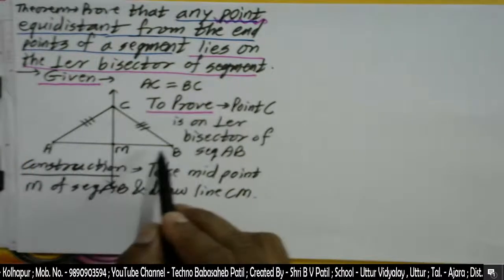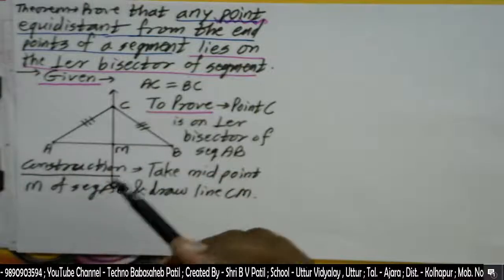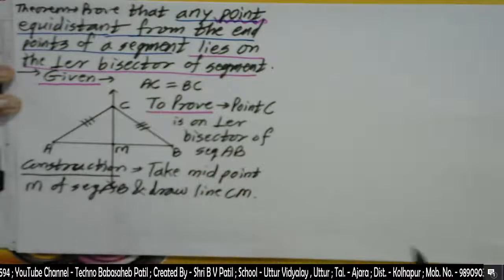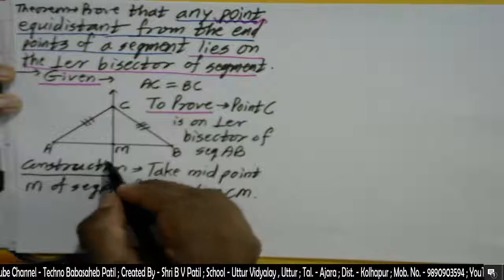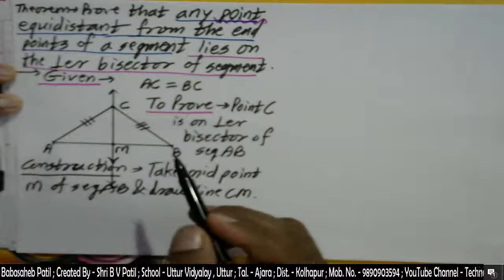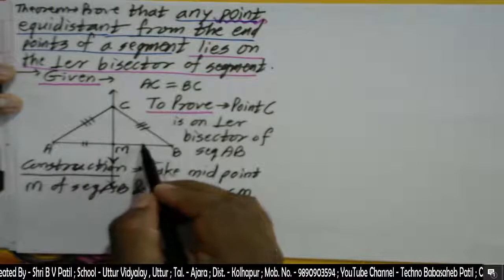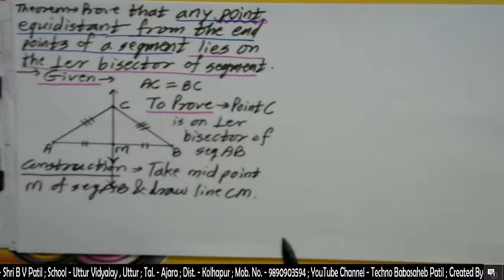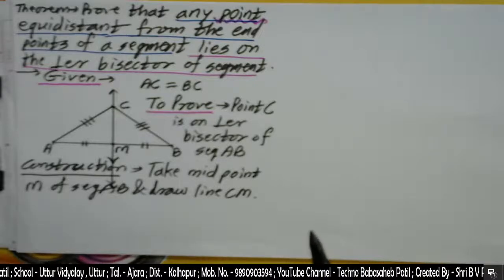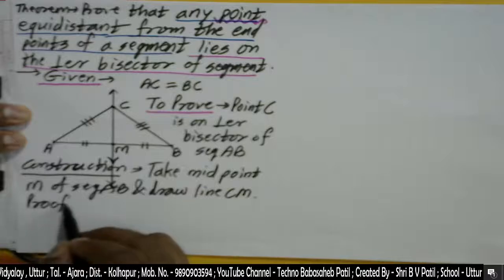M is taken as the midpoint of AB and line CM is drawn. M is the midpoint means two parts are similar. Then next part is proof.